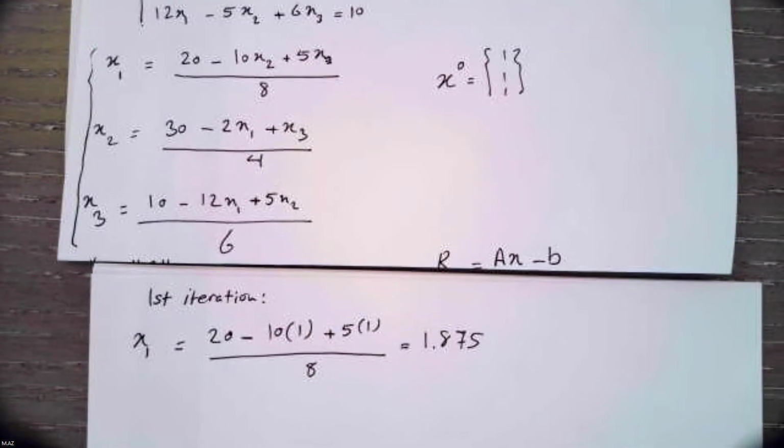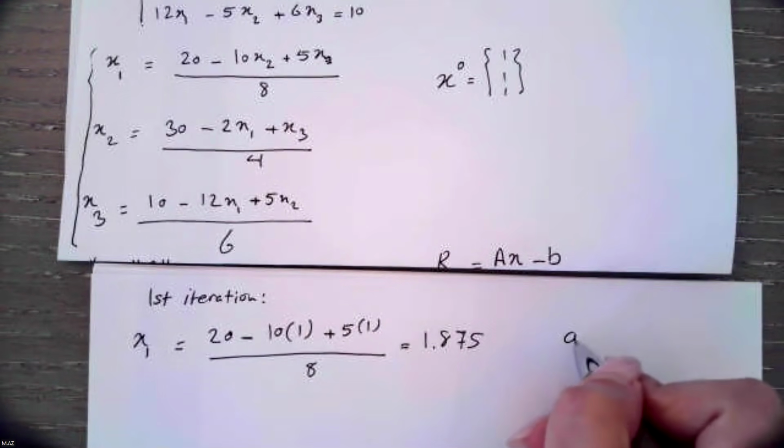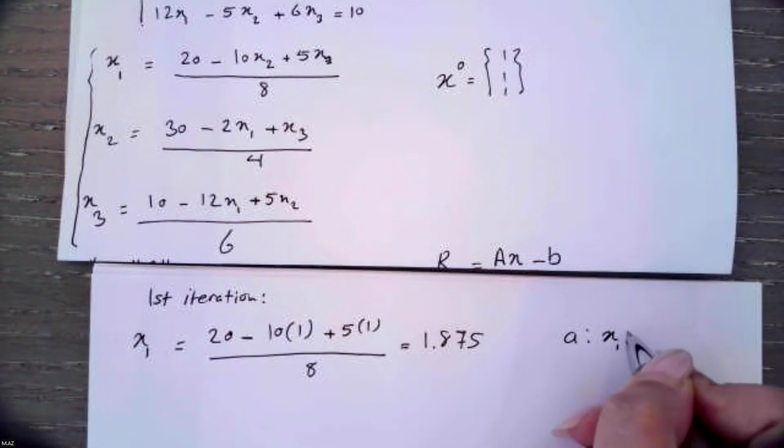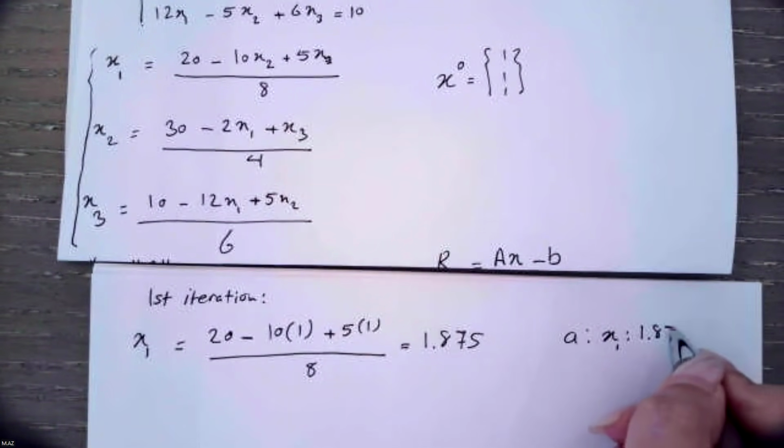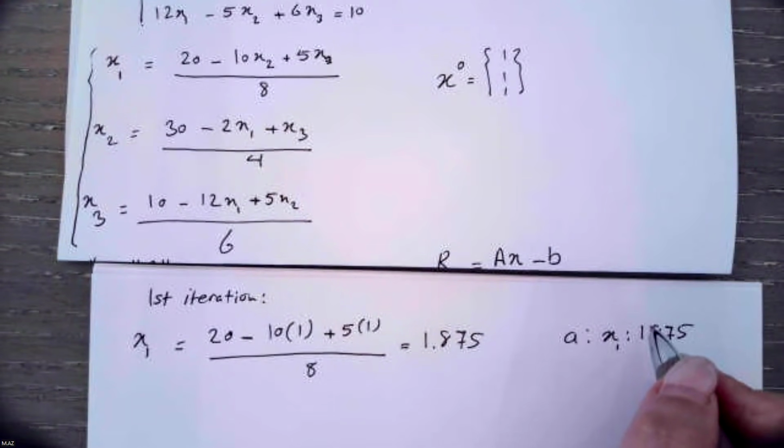The answer of part A, the value of the x1 after one iteration, is 1.875. For part B, we should find the infinity norm of the residual vector after one step of Jacobi iterations.